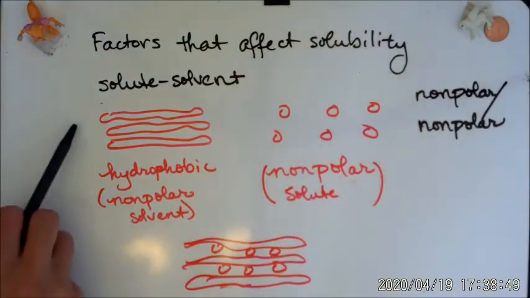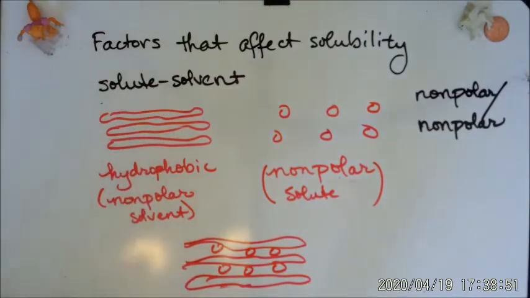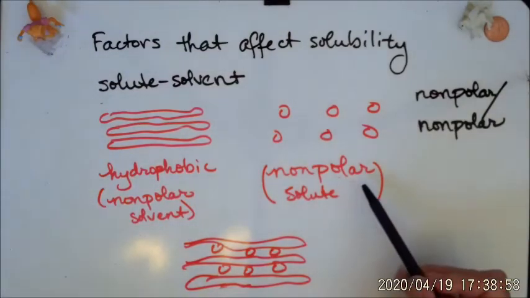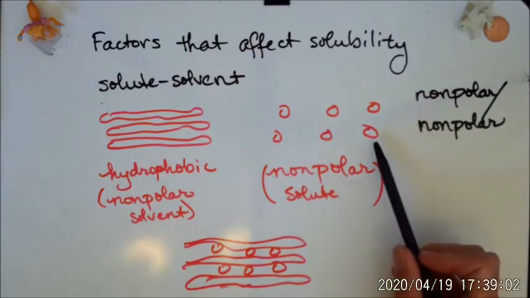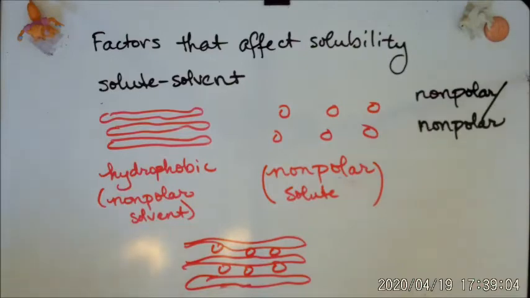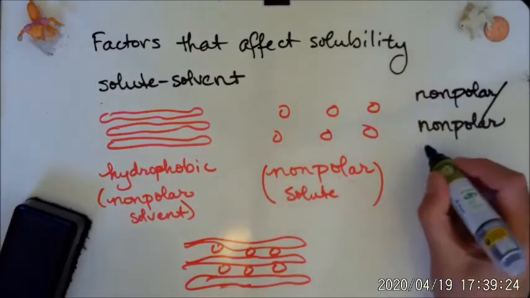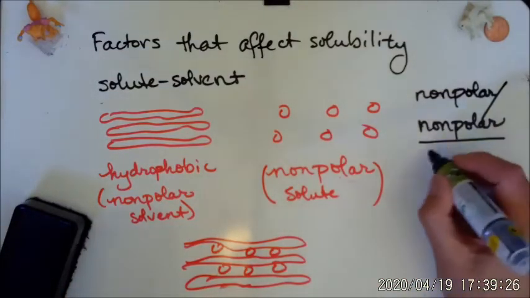Okay, so if it's nonpolar, then the only interactions between my solvent molecules are going to be London dispersion forces. If we look at my nonpolar solute, the only thing that holds them together will be London dispersion forces. So when I break apart the two and I insert it back in, I haven't really lost too much, because all that's holding them together again is going to be London dispersion forces. Because of that, we know nonpolar and nonpolar are soluble.